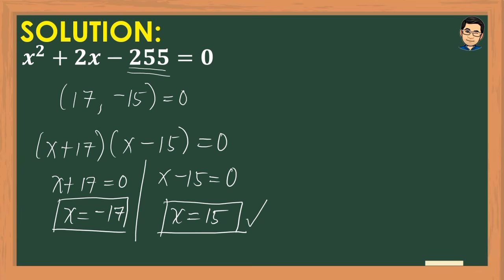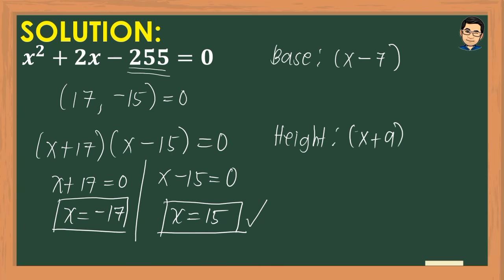Okay. So yung given dimension natin for base is x minus 7. Yung isa naman, for our height, x plus 9. So kung i-check natin yan, i-substitute natin yung 15 dun sa x minus 7. So 15 minus 7, that is 8. Okay?